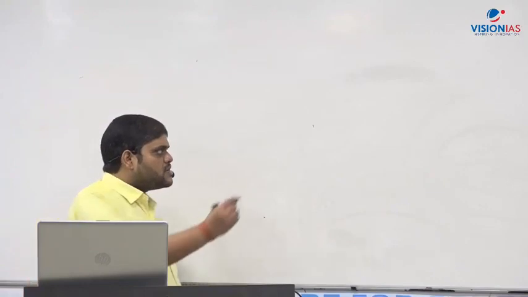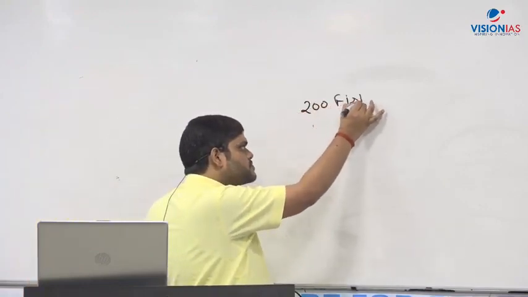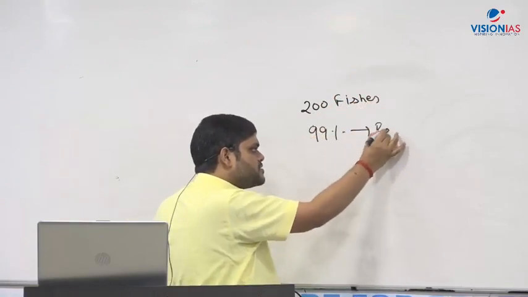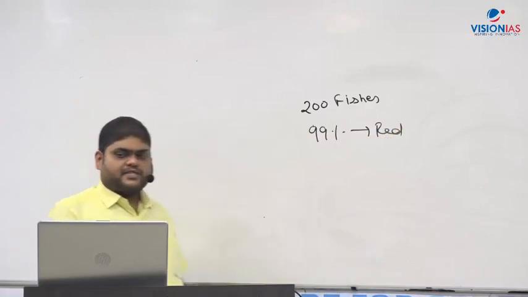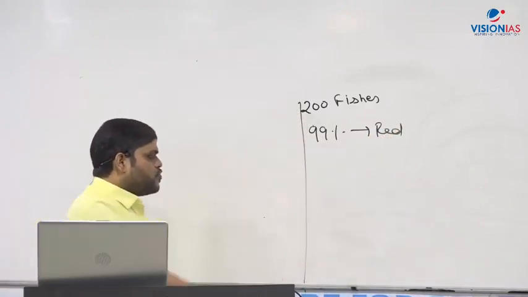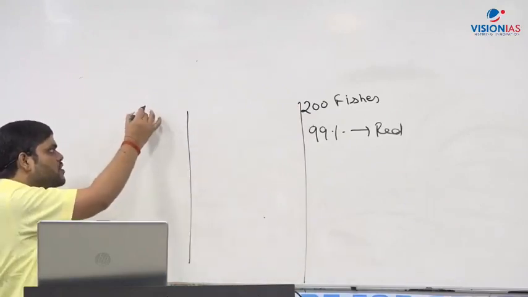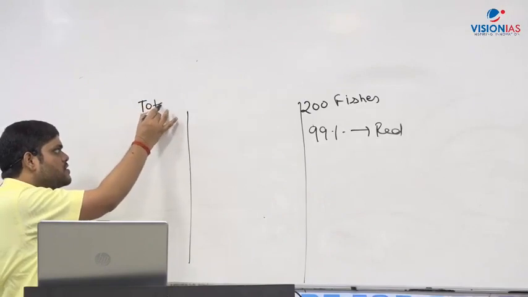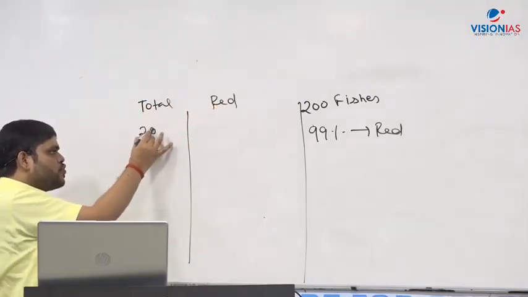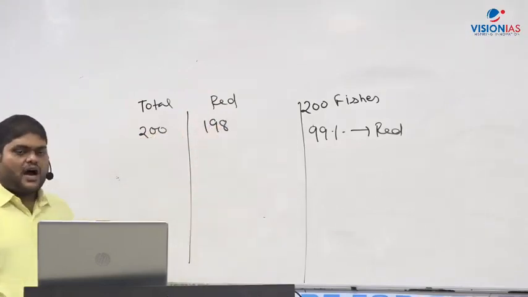The question was, out of 200 fishes, 99% are red fish. This was given. Total is 200, and 99% means 198 are red fish.